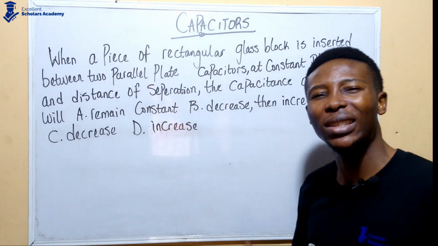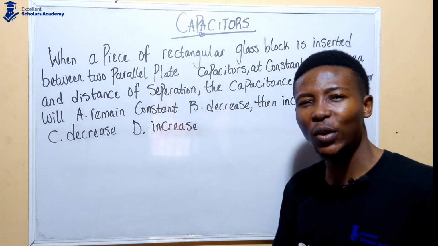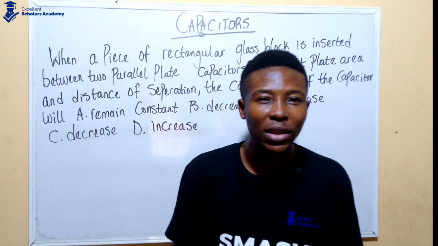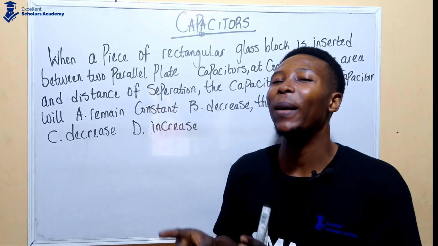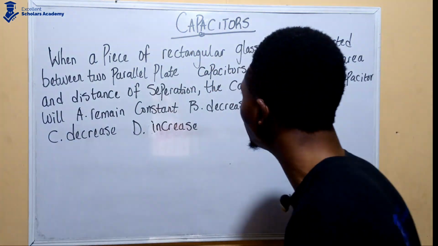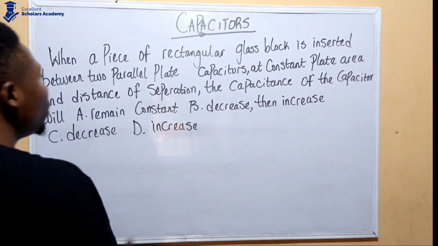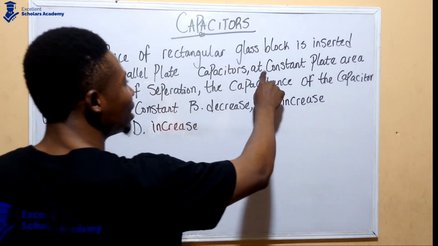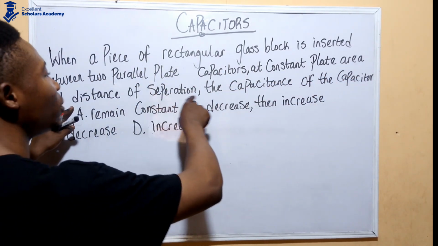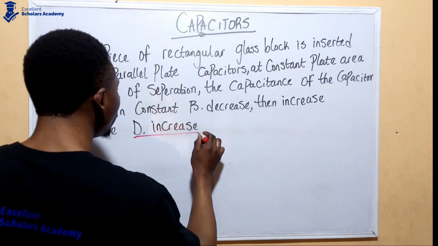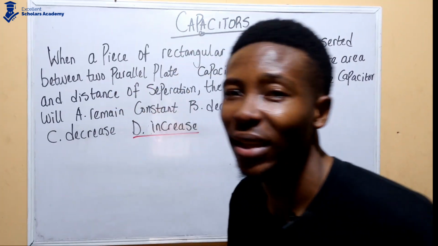It's actually the dielectric material, and I told you that the dielectric material separates the two plates, and also increases the capacitance by reducing the electric field between the two plates. So when you have this case at constant plate area and distance of separation, the capacitance of the capacitor will increase. So option D is our answer.